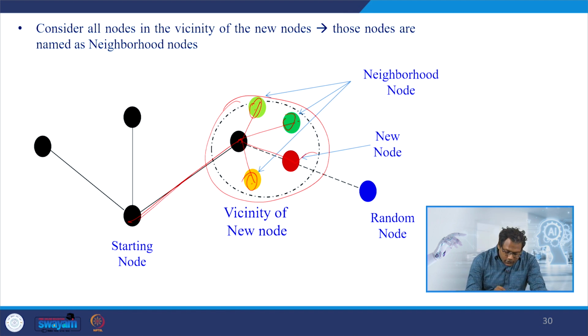Then we see which length is minimum in the neighborhood of the new node.